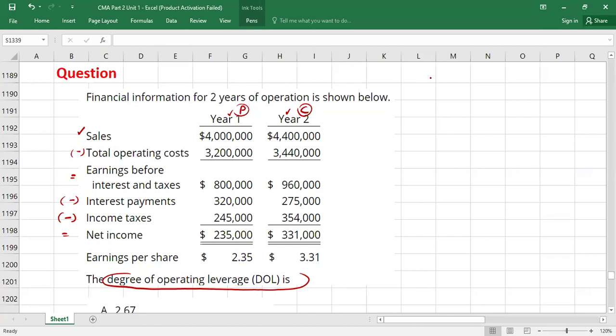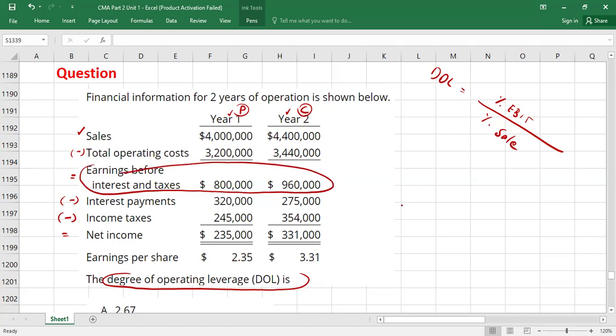The degree of operating leverage equals the percentage change in EBIT divided by the percentage change in sales. Right or wrong? This is the formula. So first calculate the percentage change in EBIT. Here we have earnings before interest and tax, so these values are relevant now.